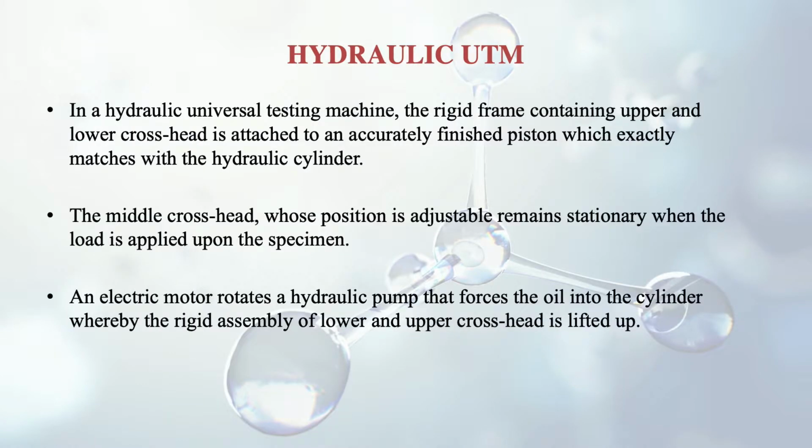So an electric motor rotates a hydraulic pump that forces the oil into the cylinder, whereby the rigid assembly of lower and upper crosshead is lifted up. So here you see electric motor is again there, but it is not directly driving the crossheads. What it is doing actually is just running a pump which is forcing the oil into the cylinder, and after this the crossheads will move with the help of this hydraulic force.